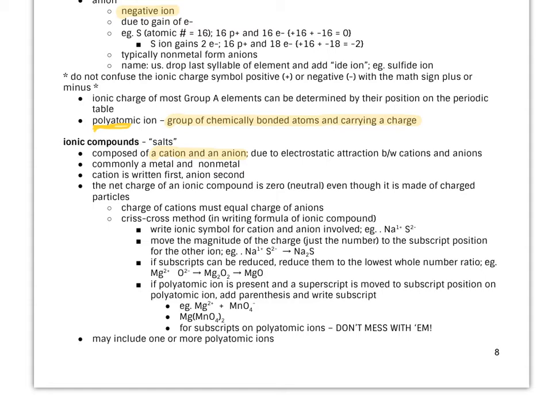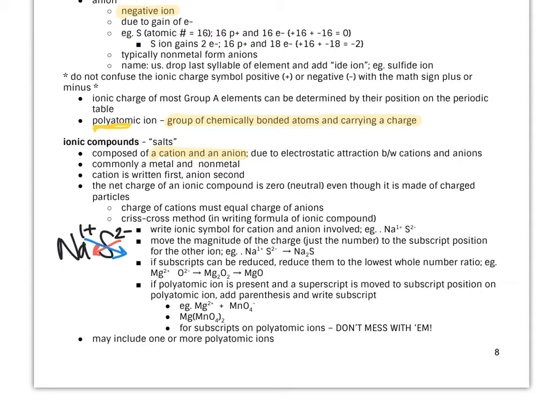We have Na+, sulfur 2-. So that means that you'll take the 2 down here and you'll take the 1 down here. But since it's a 1, are we going to write it?